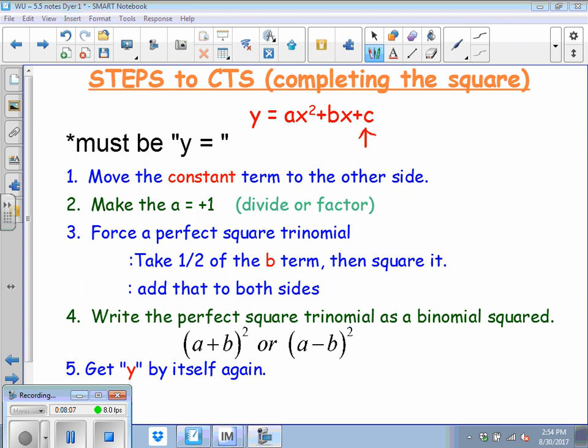If you have a perfect square trinomial, then you can factor it to where it's a binomial times itself, and then you can write it as that binomial squared. That's your goal, okay? All we're going to be doing is manipulating it. So first, take your constant, move it out of the way.